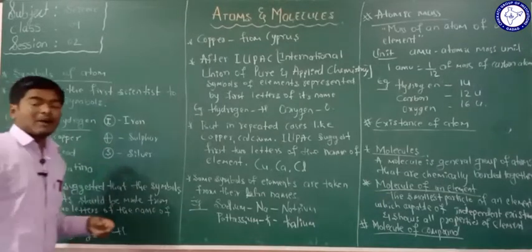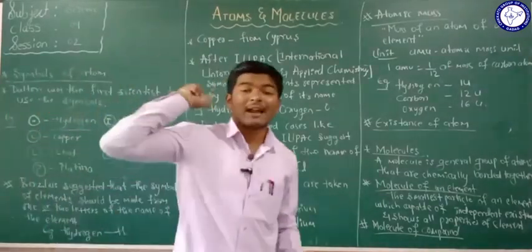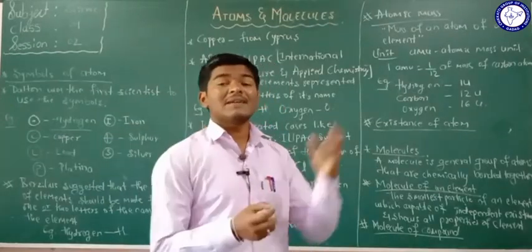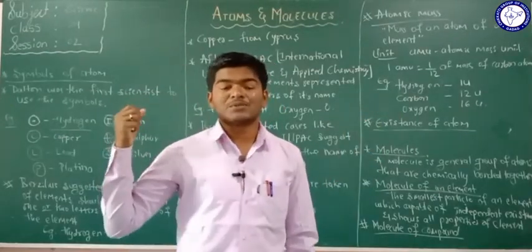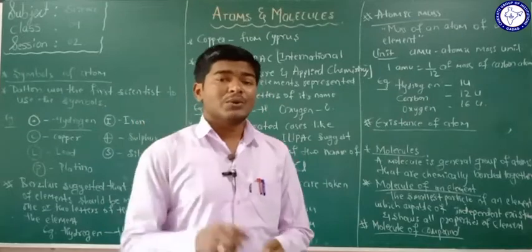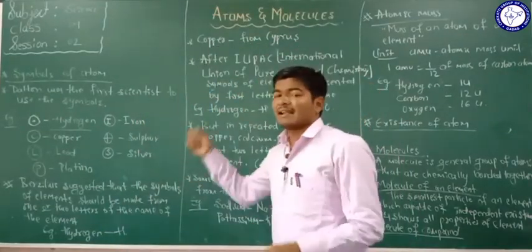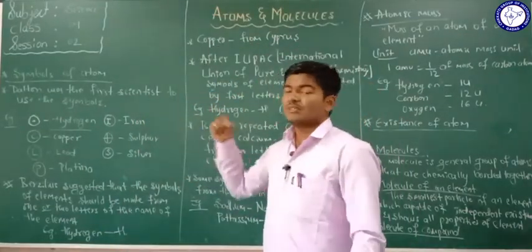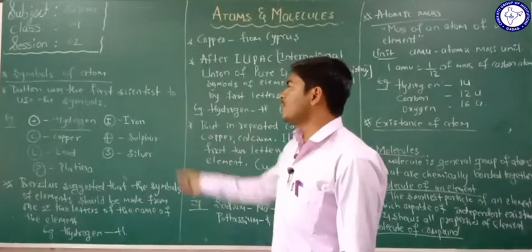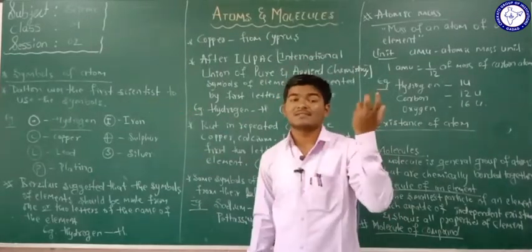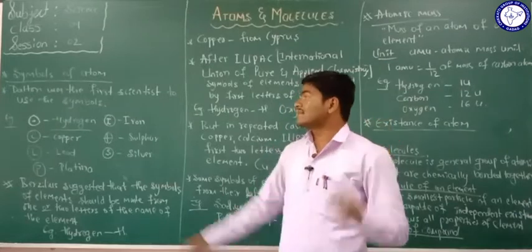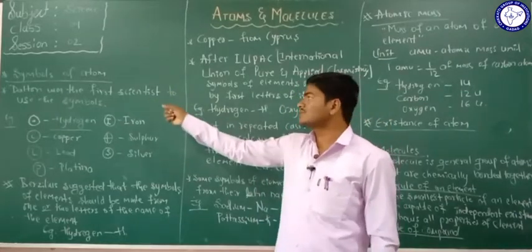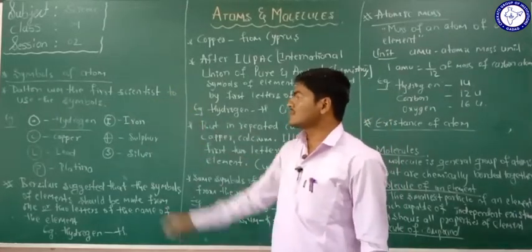For however many atoms he knew at that time, he made different symbols to represent them, in order to study those atoms. You have to remember that the first scientist to give symbolic representation for atoms was Dalton.